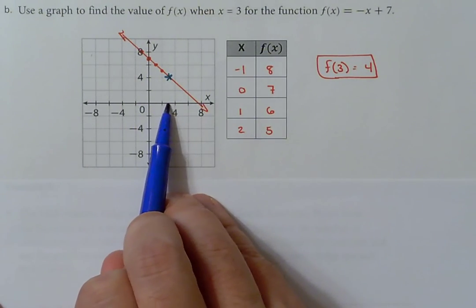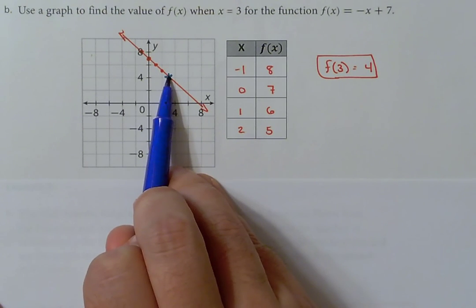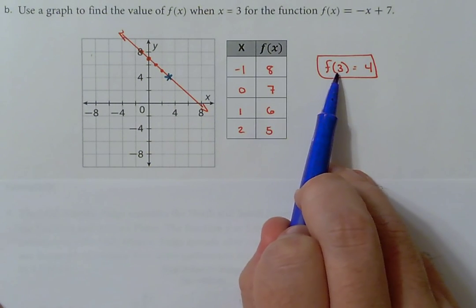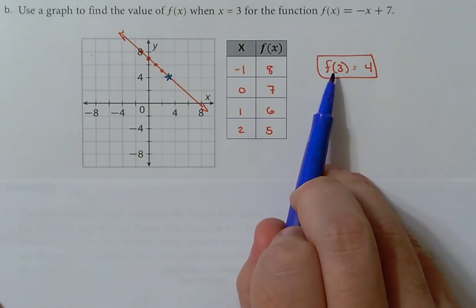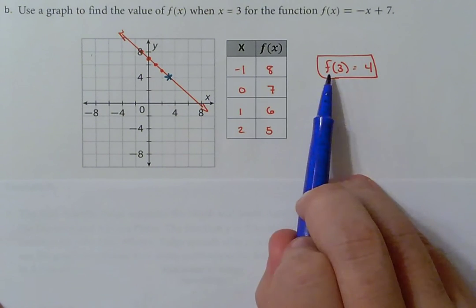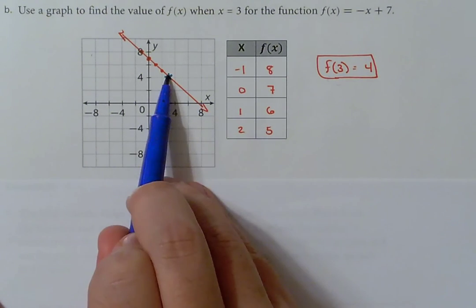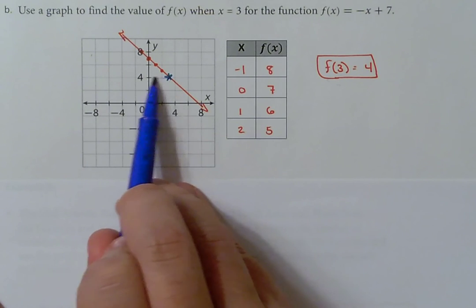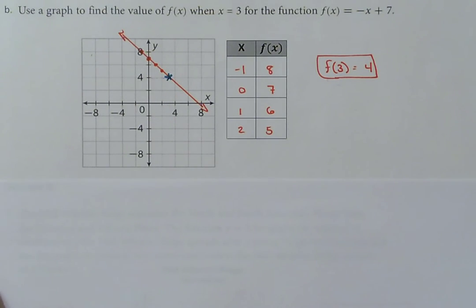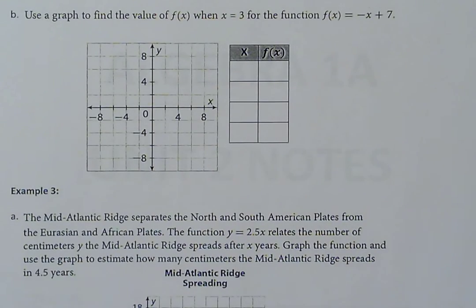So I go over to 3, up to the graph, and when x is 3, my graph crosses at 4. So f of 3 equals 4.